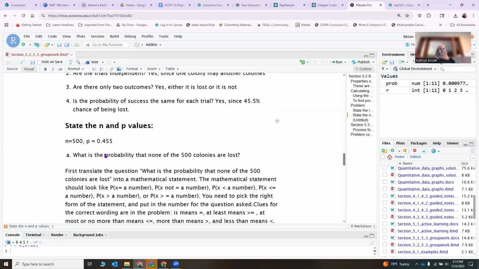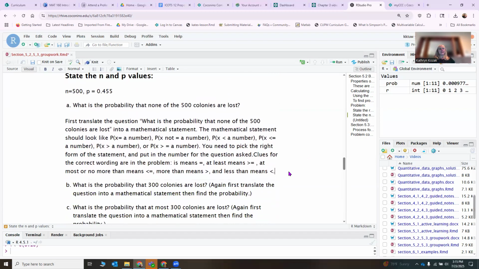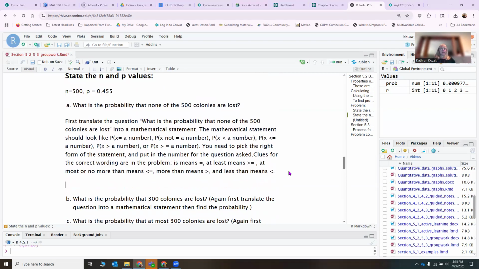Now I'd like to find the probability that none of the 500 colonies are lost. We're going to translate this question into a probability. It's better to kind of think of this as, can we write this in a mathematical statement? So the probability that none are lost means that the number lost is equal to 0. There's none lost.